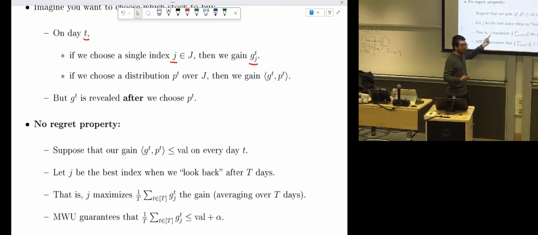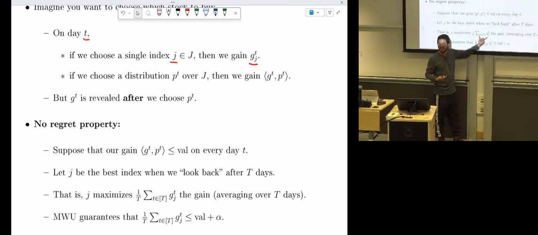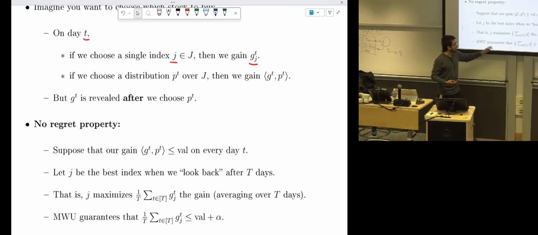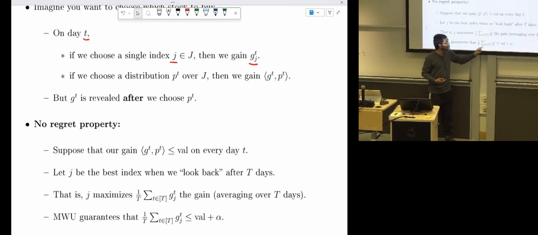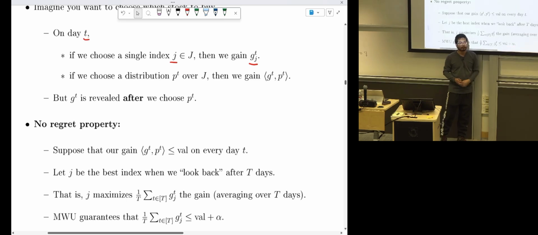It's just the stock that maximizes the total gain, or I write it as the average over T days. Then what we guarantee is that the average gain of this best stock per day is not going to be much more than what we get. It just guarantees that this thing is at most val plus something small.